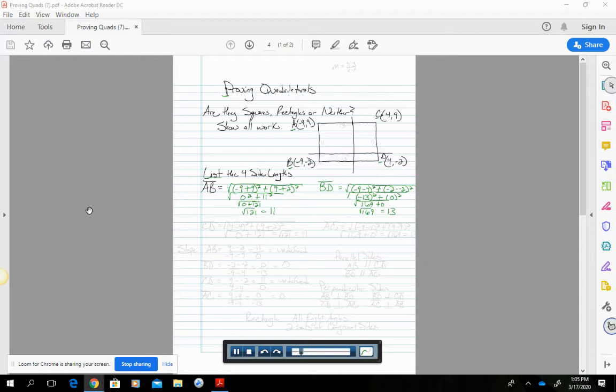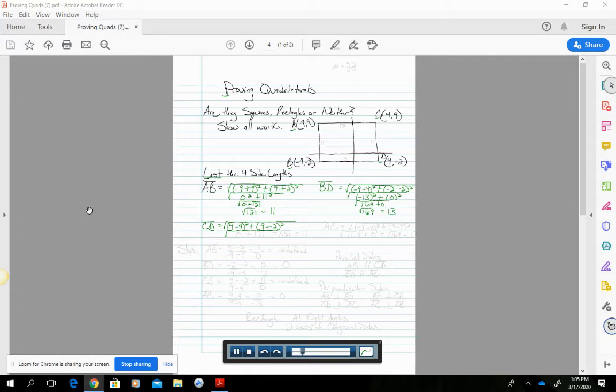Now we also have to go ahead and find our next length. So next I'm going to go C to D. So I go big square root of 4 minus 4, x minus x squared, plus y minus y squared, 9 minus a negative 2 squared. Now I'm going to shortcut this a little bit because I showed you before, so hopefully this will make sense to you.